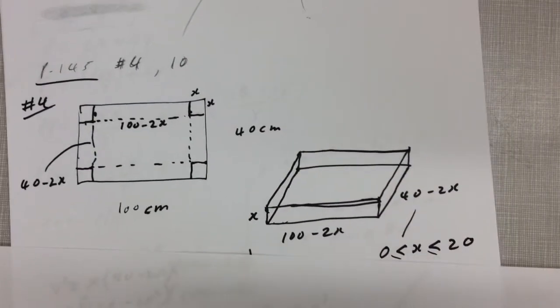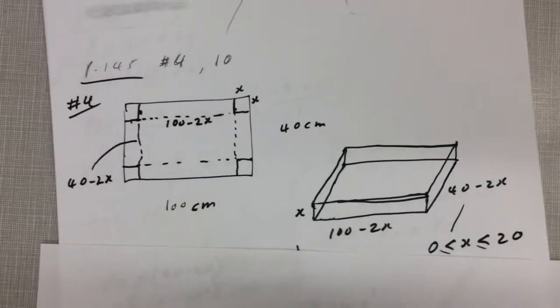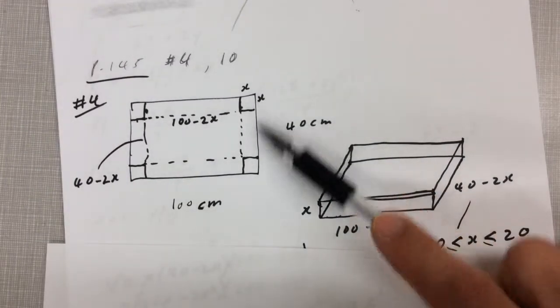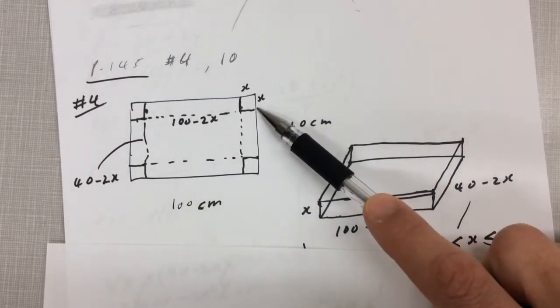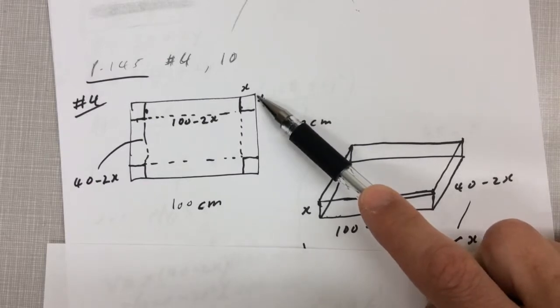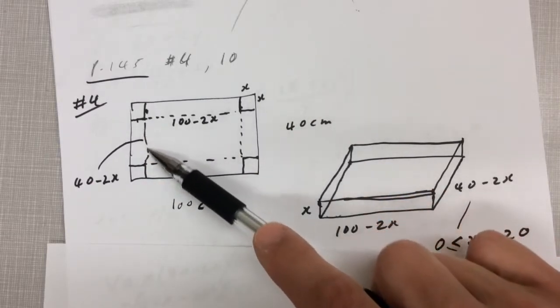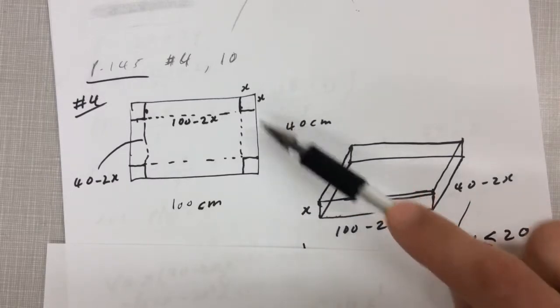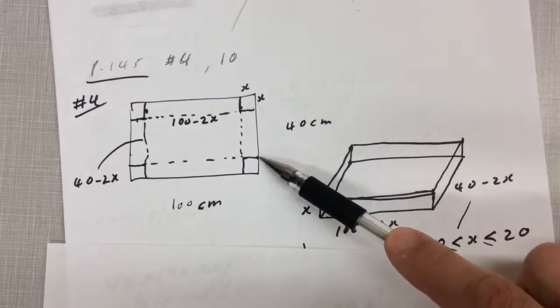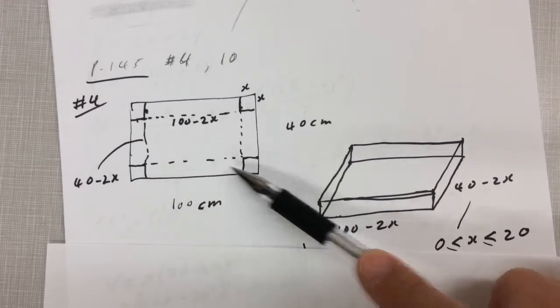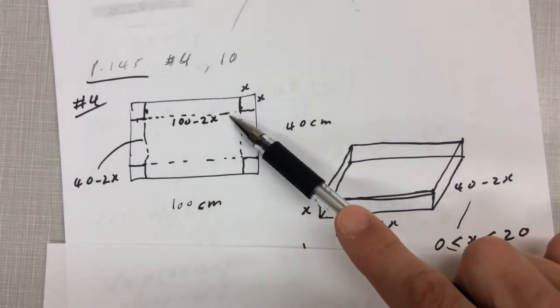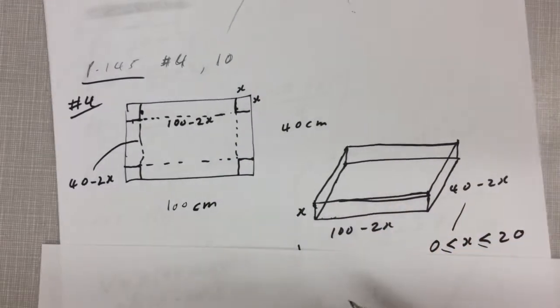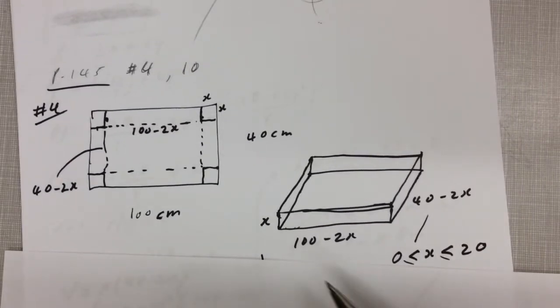Okay, so because we're cutting out these congruent squares, we're letting the dimensions be x by x. That makes this side here 40 minus 2x. And then 100 minus 2x is this side. So when we put that together to make the box, we've got these dimensions.